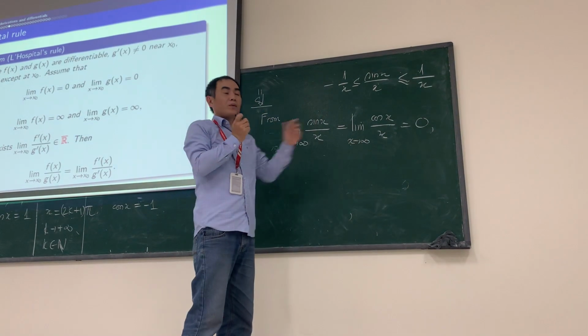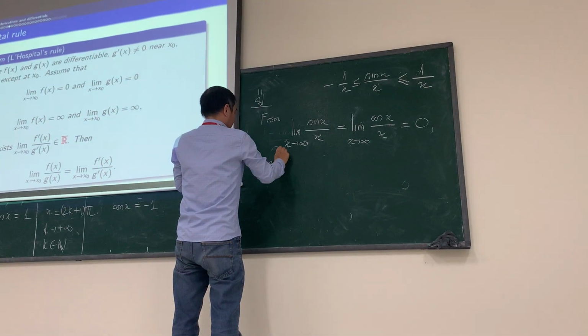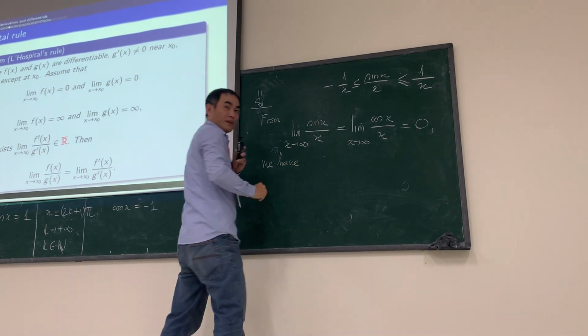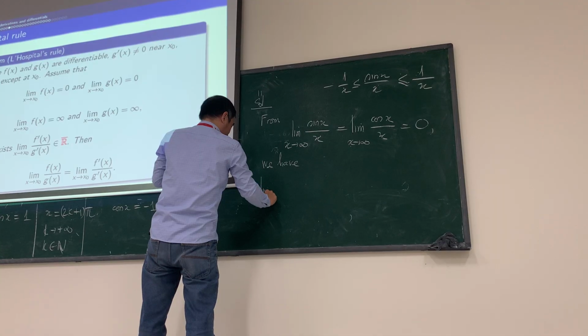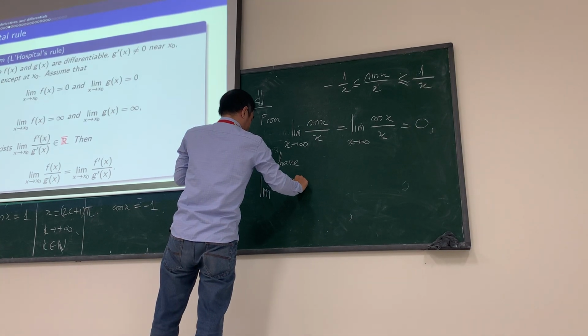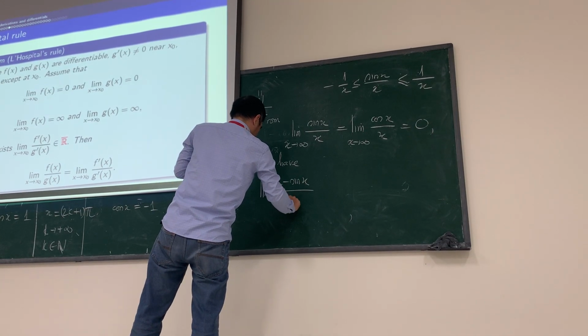From the two limits here, we have the limit as x tends to infinity of x minus sin x over x plus sin x.